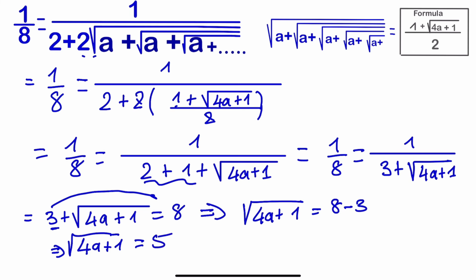So we can square both sides to cancel out the square root.